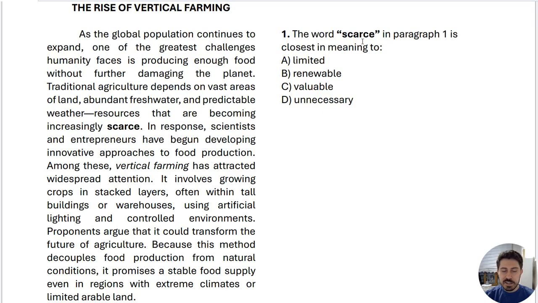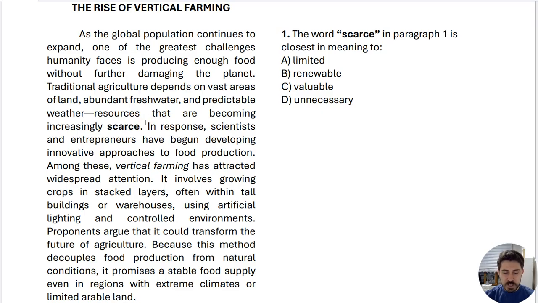So I personally advise you to always read at least the sentence that the word is located in. In scenario number two, you may not know the meaning of the word. In such a situation, there is no need to worry. Just read the sentence the word is located in, and most of the time, you will be able to infer the meaning of the word.